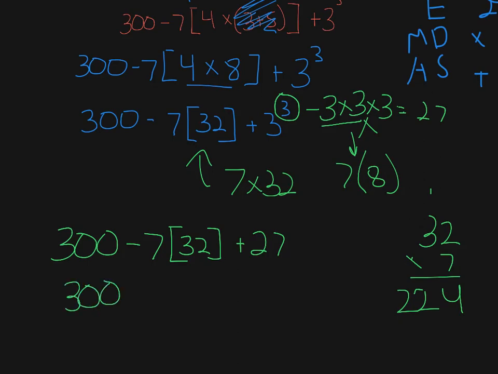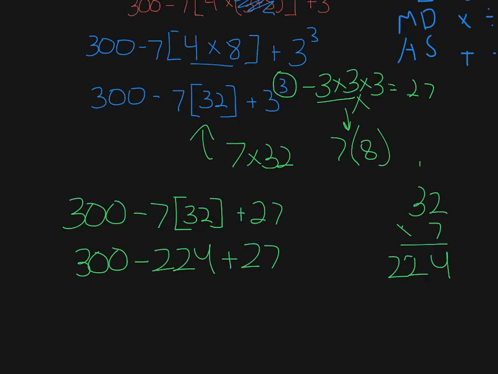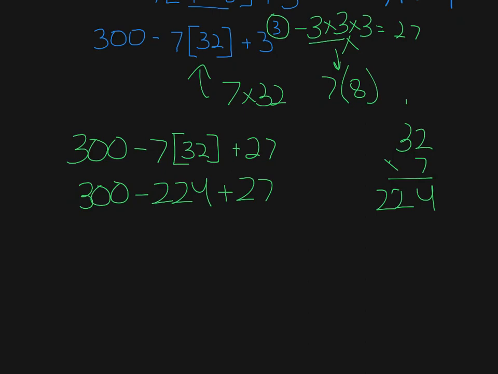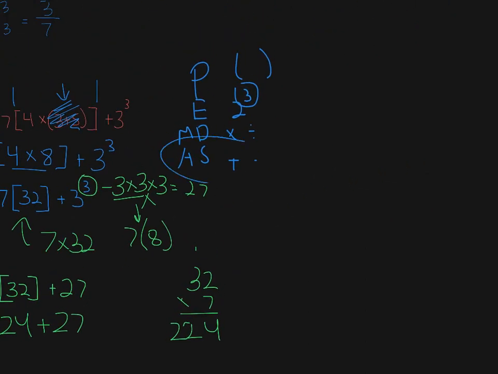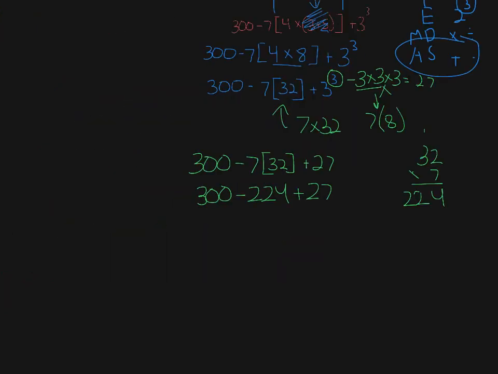300 minus 224 plus 27. At this point, we have to either subtract or add. I know that under PEMDAS, you add, subtract from left to right. So in this case, we have to subtract 300 minus 224 first. And let's see what that gives us. Borrow. That's a 10. Borrow again.